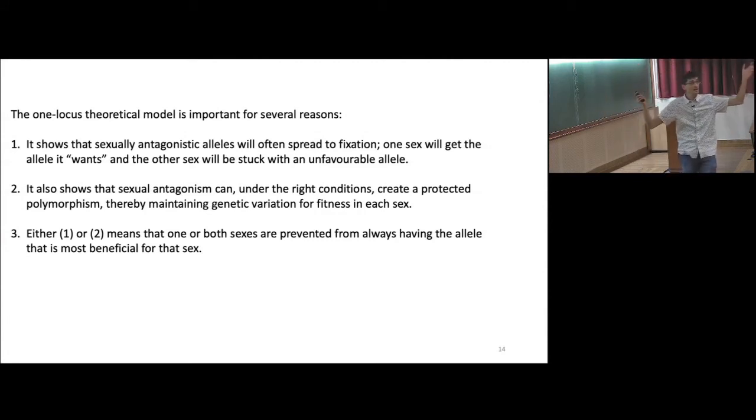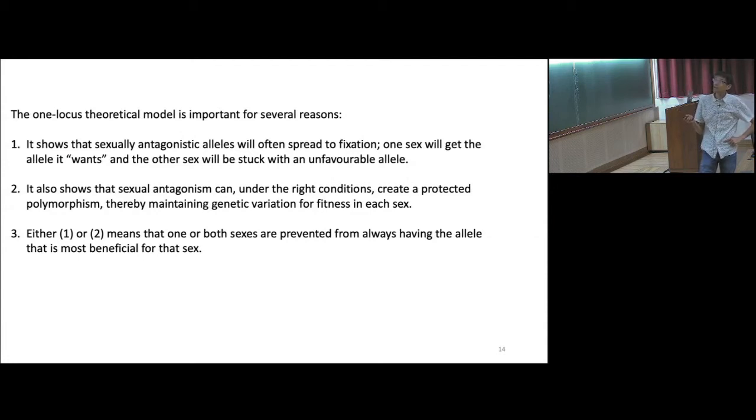Anywhere in that white space represents an antagonistic allele where we expect, even in the deterministic case, to lose variation. What that means is that one sex is getting the allele that it wants, in quotes, and the other sex is getting stuck with an unfavorable allele.